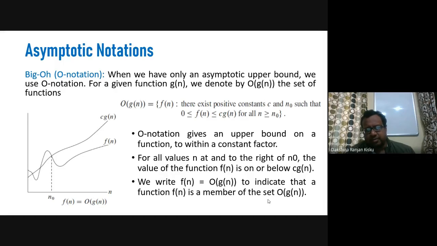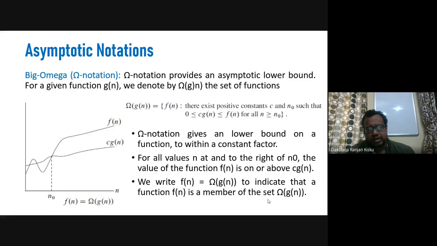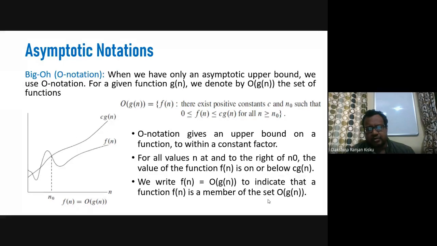This is the maximum limit of the execution time, and up to this the algorithm will be executed. So asymptotic notation big O gives the upper bound of the worst case time complexity.